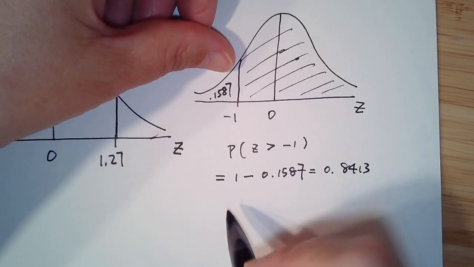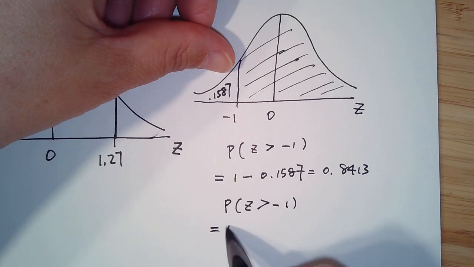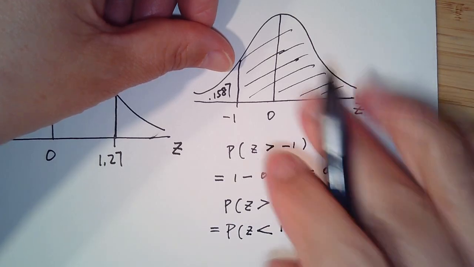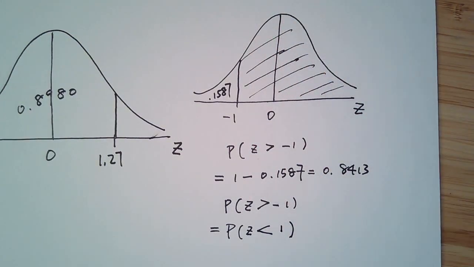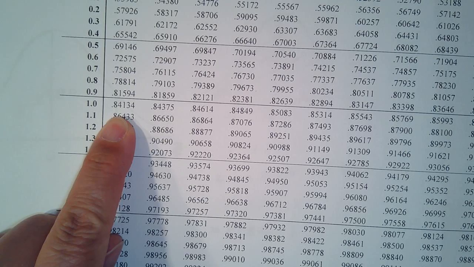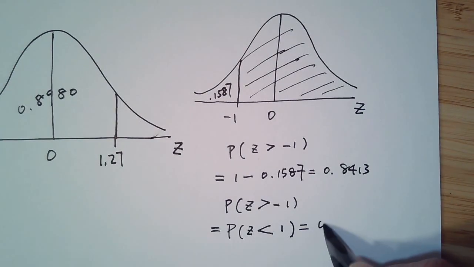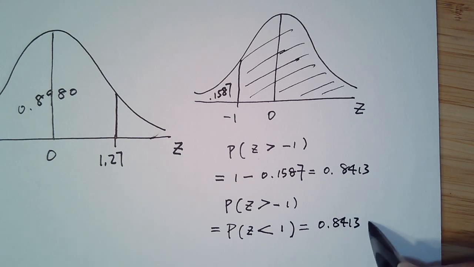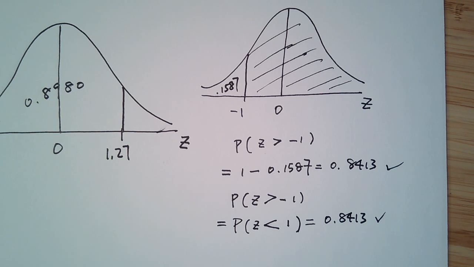Or the probability that z is greater than -1 is the same as z less than +1, because it's symmetric. I just flip it along the middle line. So to the left of the positive z-score, you see this? 0.8413. Either way, that would work.